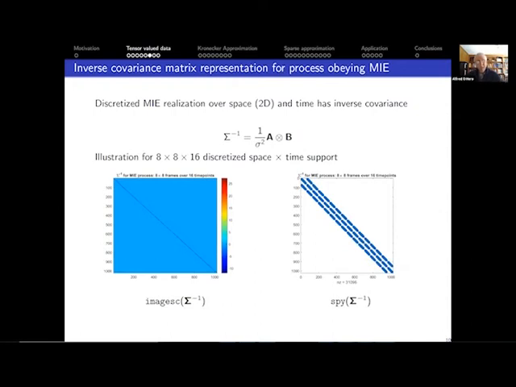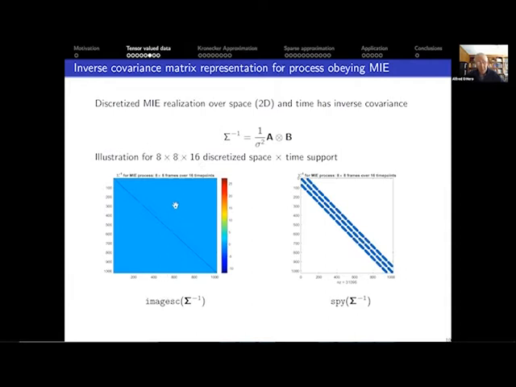So for this example, we have a discretized realization of this process U over a 2D space. Then its inverse covariance is sparse. And here's an illustration for an 8x8 image and 16 time points. So we've discretized space and time so that we get this matrix, or a three-way tensor with space-time support 8, 8, 16.